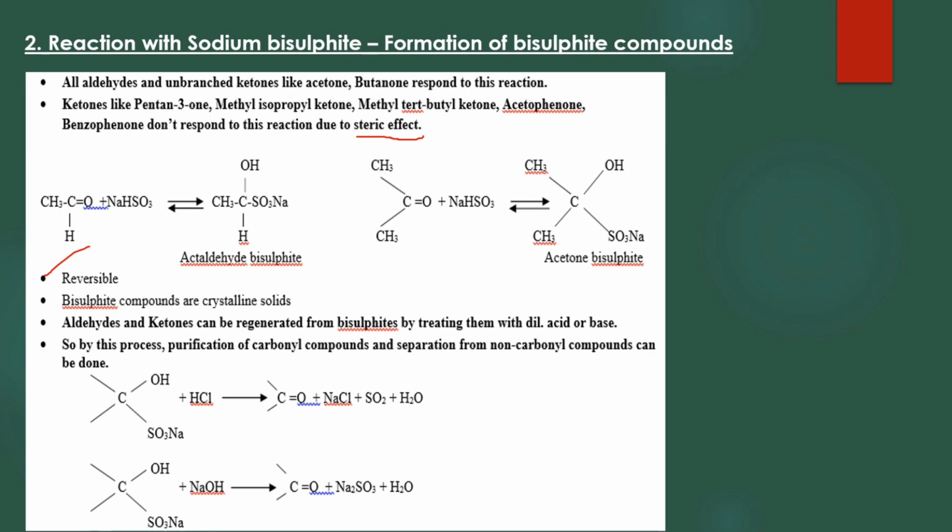The bisulfite compounds are crystalline solids, and when these bisulfite compounds are treated with dilute acid or dilute base, then respective aldehydes and ketones can be regenerated. So by this process, purification of carbonyl compounds and separation from non-carbonyl compounds can be done.